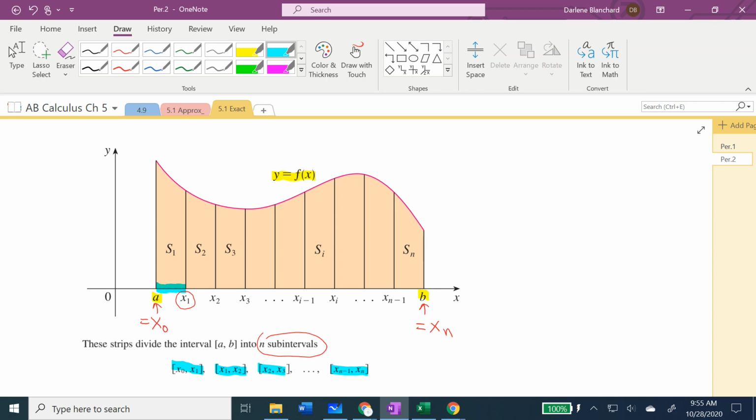The algebra that you're going to wind up having to do tomorrow is much nicer if you choose the right endpoint. But be aware that you can choose any point along that subinterval.